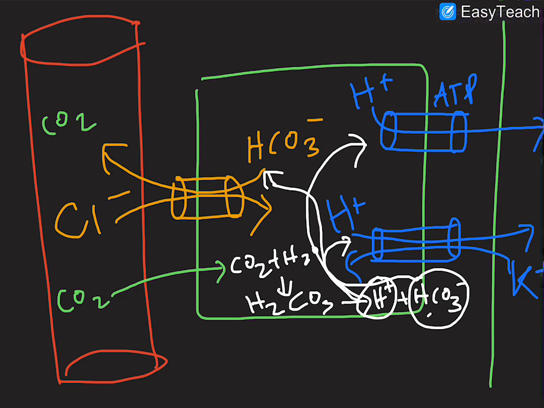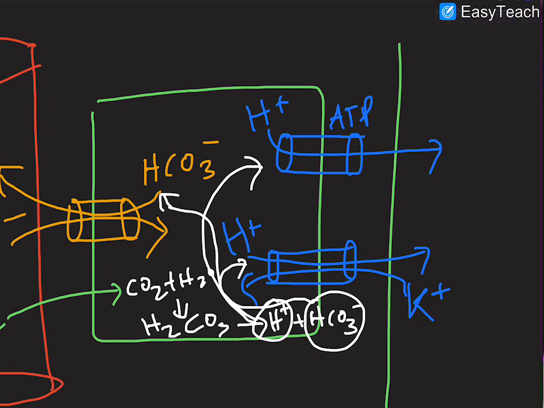In Sjogren syndrome, what can happen is you can get T cell infiltration, which can damage your alpha intercalated cells. So this can lead to damage of your hydrogen proton ATPase, damage of your hydrogen potassium channel, or damage of your bicarb chloride channel.